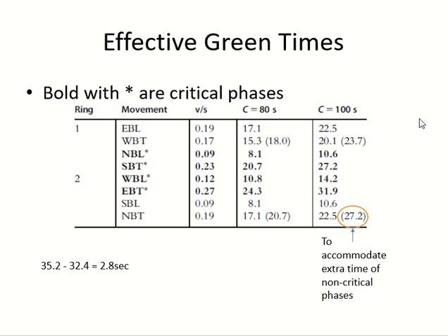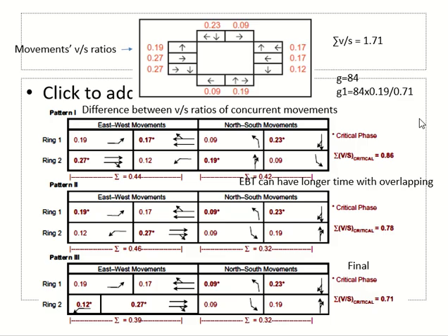Now the movements which you see in bold color are those which are critical, the ones which we took for the design, the ones which we took in the summation of V/C ratio. The higher one, yes, the higher one. So we took which movements? These two, then any one of them, and then this one. Okay, so these are the movements which are taken in the calculation, which are taken for design, right?